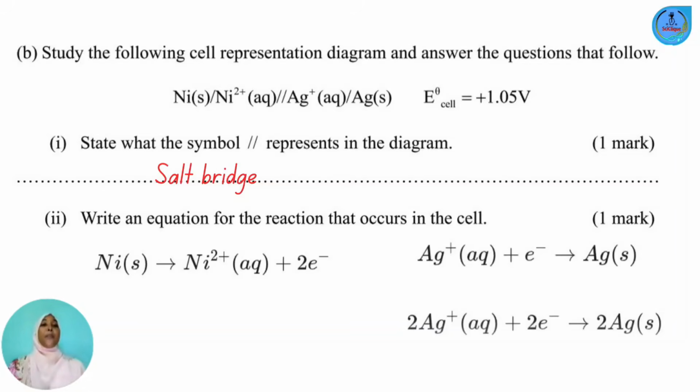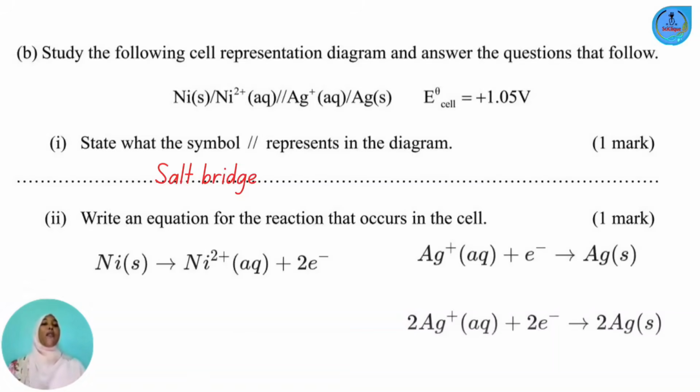Remember, by the way, when you see the cell representation, whatever is on the left is the anode. And at the anode, it's where oxidation takes place. And oxidation is the loss of electrons. So that means we are going to have atoms in the nickel rod losing electrons and going into the solution to form nickel ions.